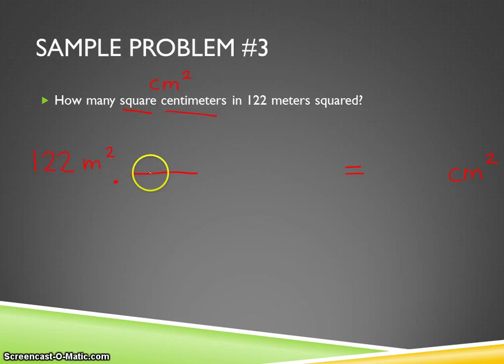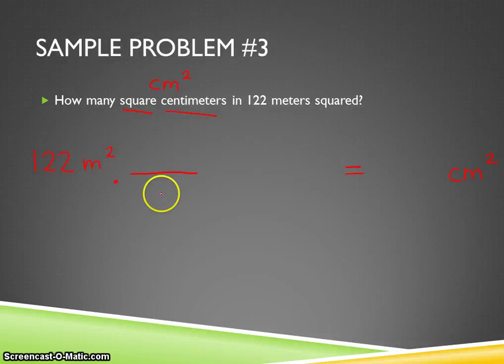Now, a lot of people try to just put meters squared on the bottom here because they know that they don't want meters in their answer. Now, I don't know about you, but I have a lot of important things to remember, and one of those is really not these extra conversion factors like square meters to square centimeters.